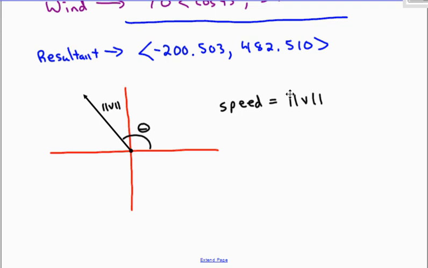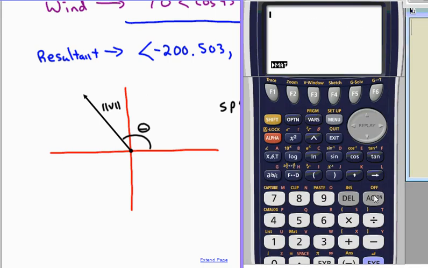All we have to do to find the magnitude of that vector is take the square root of the left-right component, 200.503 squared, plus the up-down component, 482.51 squared.